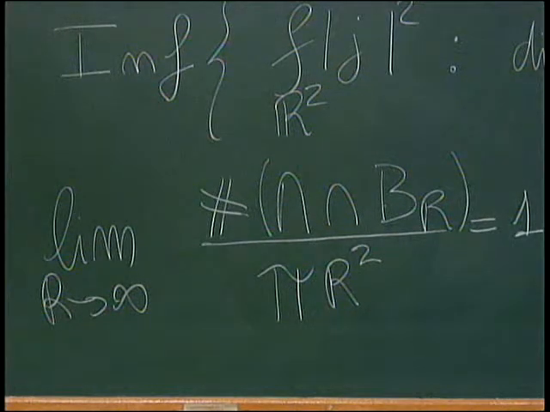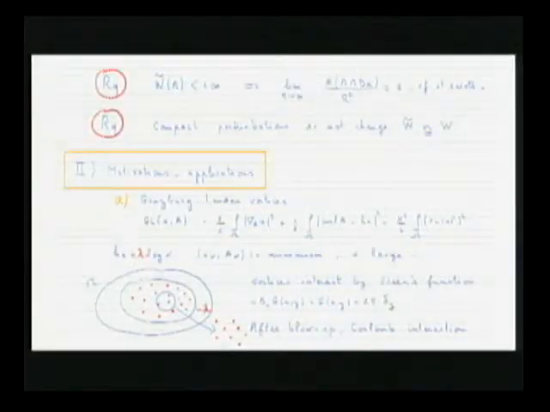But the limit might not exist. So if you have an asymptotic density for lambda, then it must be 1 for lambda of finite energy. The other remark is that if you perturb a finite set of points in lambda, then it doesn't change the value of W of lambda or W tilde of lambda.